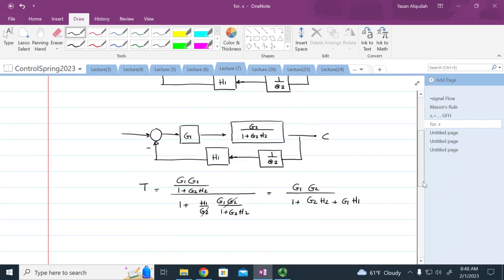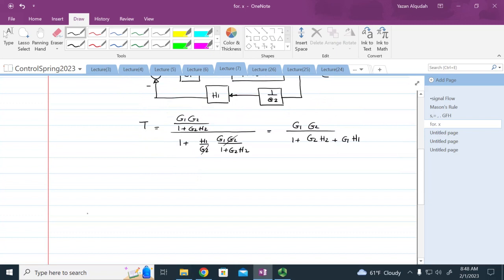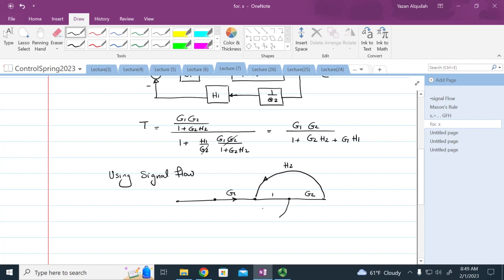Okay, so going back to our block diagram, we're going to do it using Mason's rule. We're going to have R, G1, G2, this is H2, negative H1.